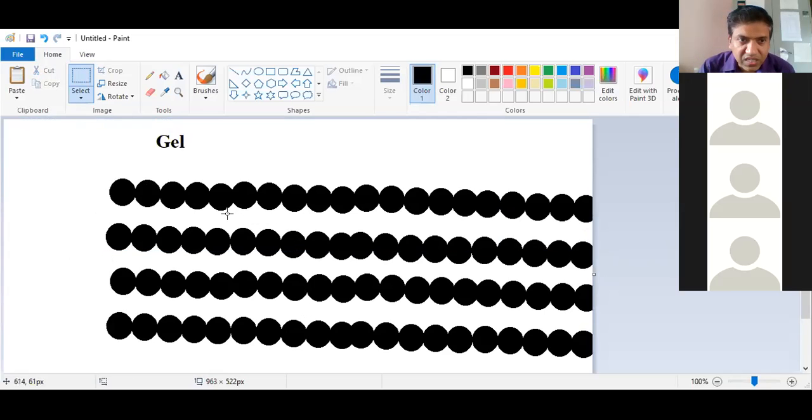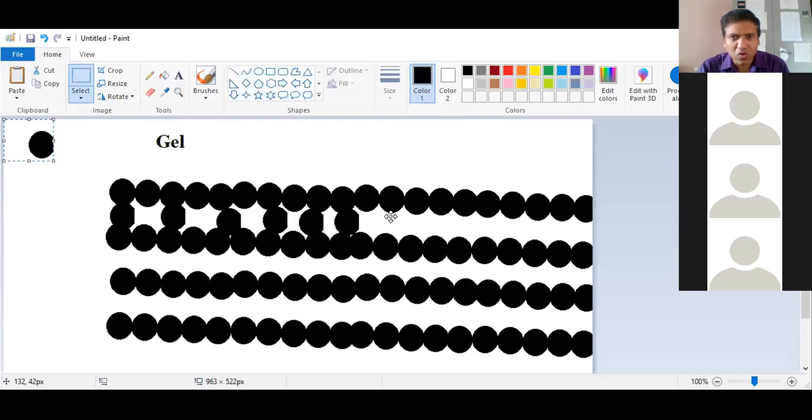Now these chains will be cross-linked. How will they be cross-linked? This way. Some monomers will come over here. Likewise, these chains will be cross-linked by the same monomers.